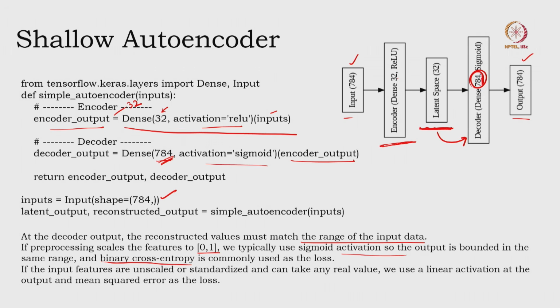Suppose you have features where you have not scaled the values between 0 and 1, you are using real valued data only. If you are using real valued data or a standardization method, then use a linear activation. Here it should be a linear activation, and the loss function will be mean square error. So what is the shallow autoencoder? It is the one where we have only one hidden layer between input and output.